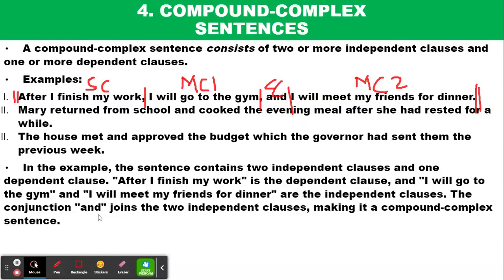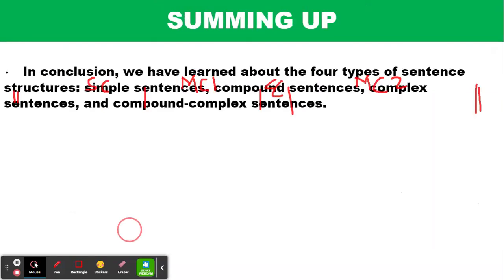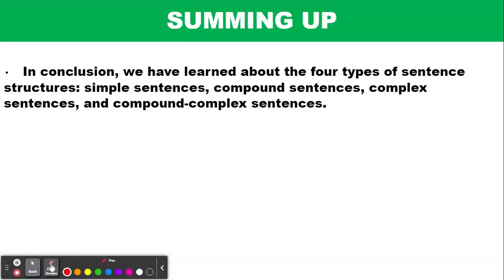The conjunction and joins the 2 clauses. So that's why you have a compound complex sentence, and then you have an element of the complex sentence.